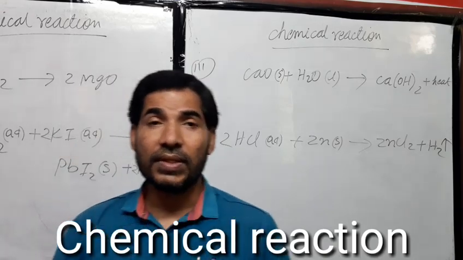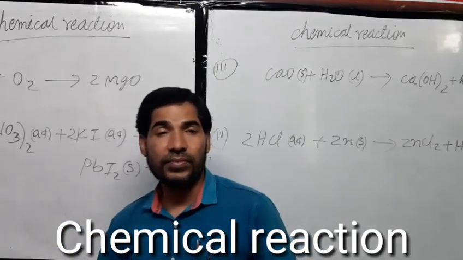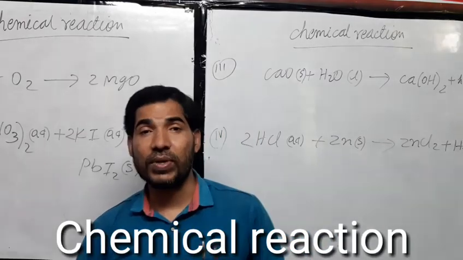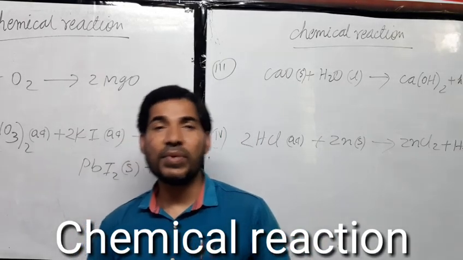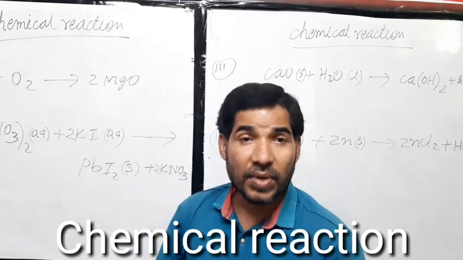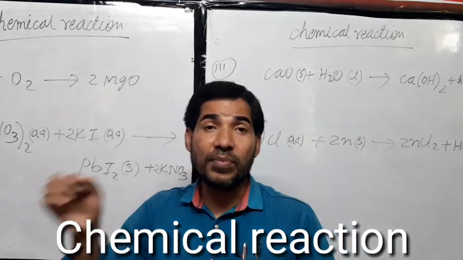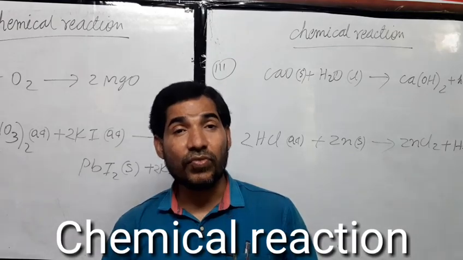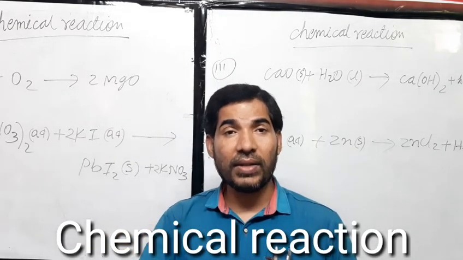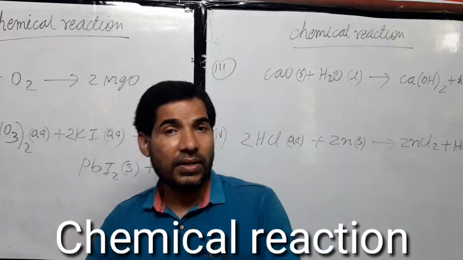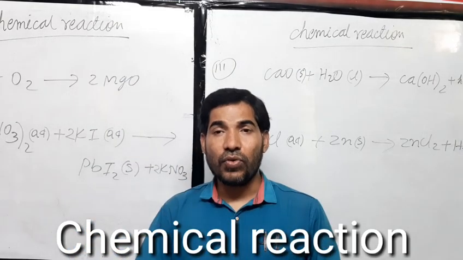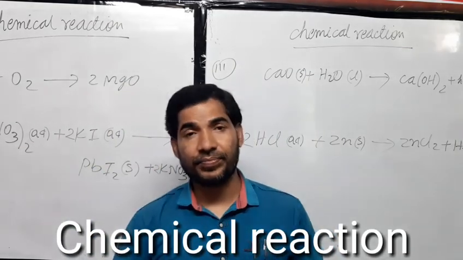Now I am going to tell you about the chemical equation. What is a chemical equation? A chemical equation is a symbolic representation of a chemical reaction, written using the symbols and formulae of the reactants and products which participate in that reaction.